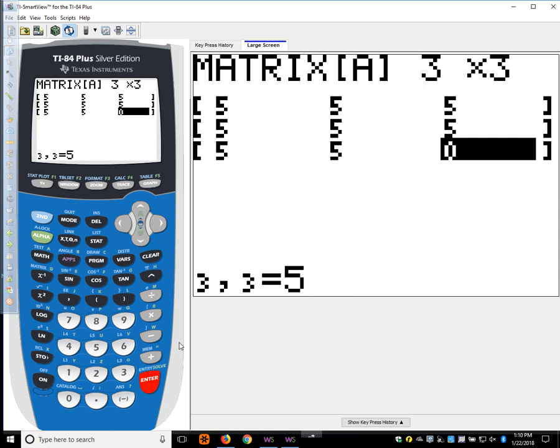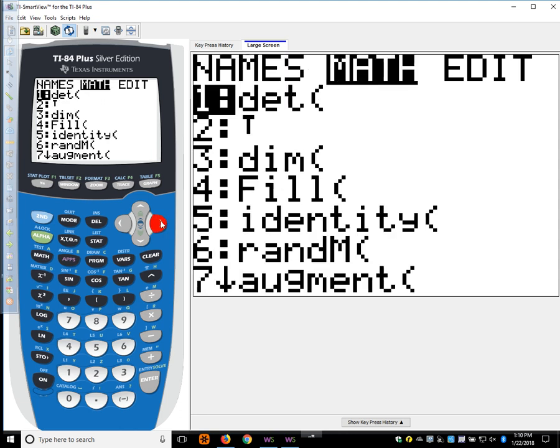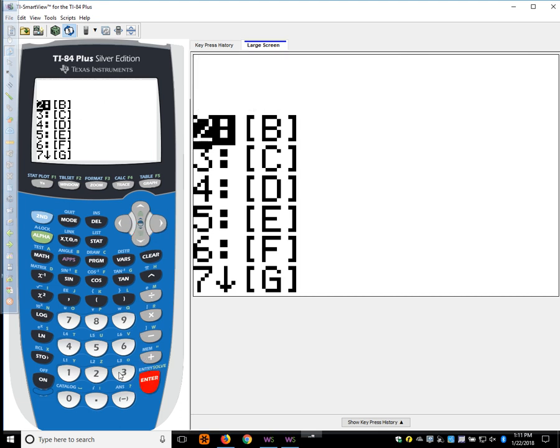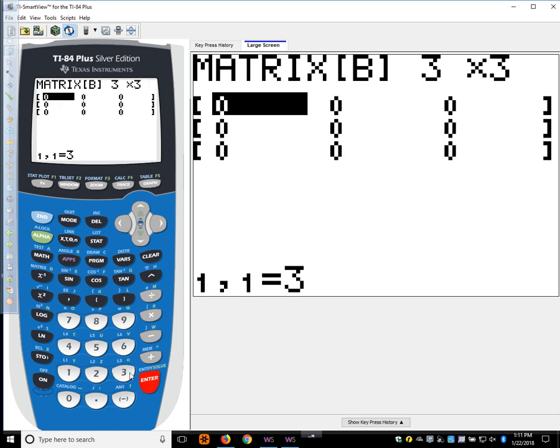Now I'm going to do a matrix B. So I'm going to do second matrix, and I'm going to go over to edit. And I'm going to go down to matrix B and edit that one. I'll make that one a 3 by 3 also, and I'll put 3s in each of those.